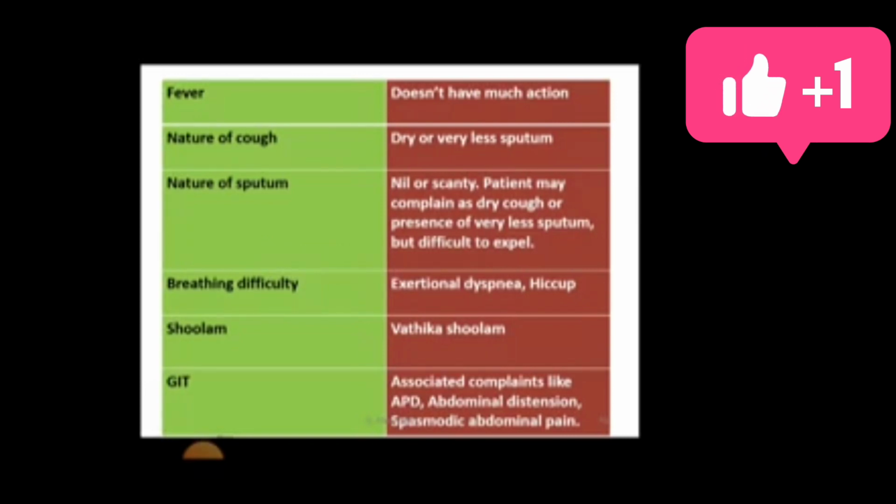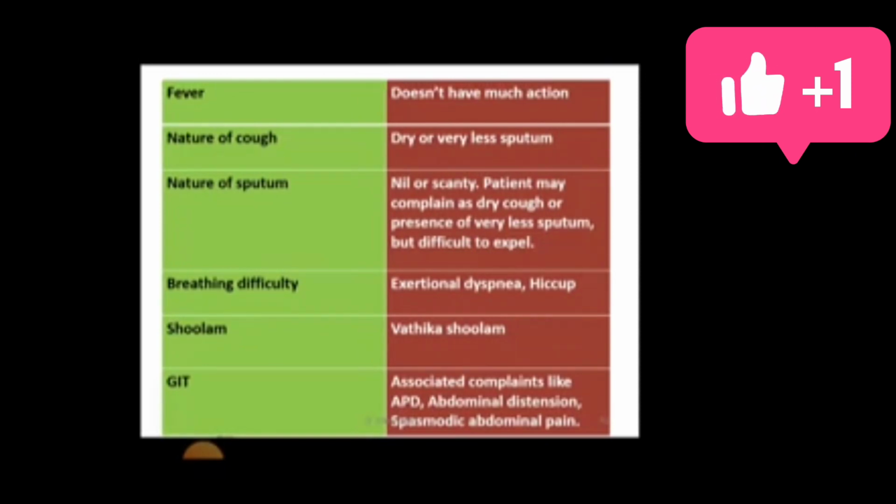Then the main important area is GIT related. Due to the presence of Jiraka and Nagara, the Nayopayam Kashaya has a very extensive property, and is very effective in GIT disorders compared to Vyagriyadi or Dasamulakatraya.